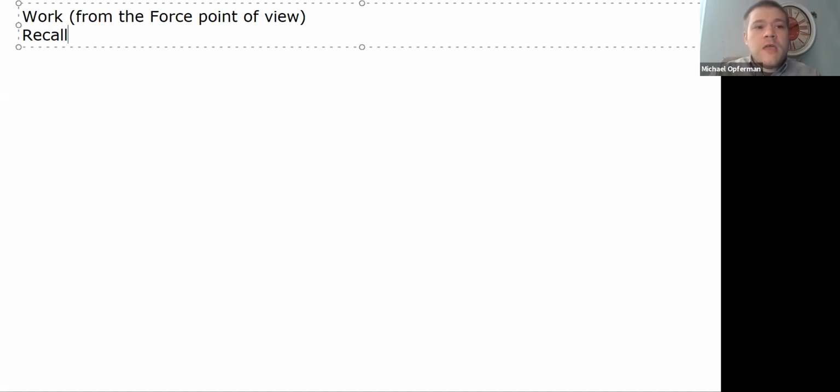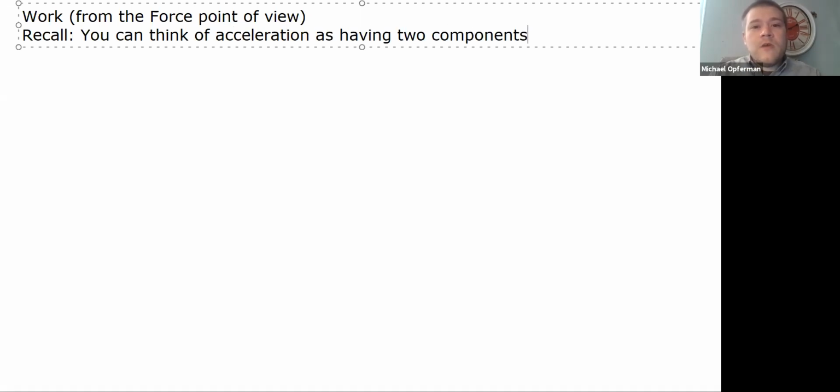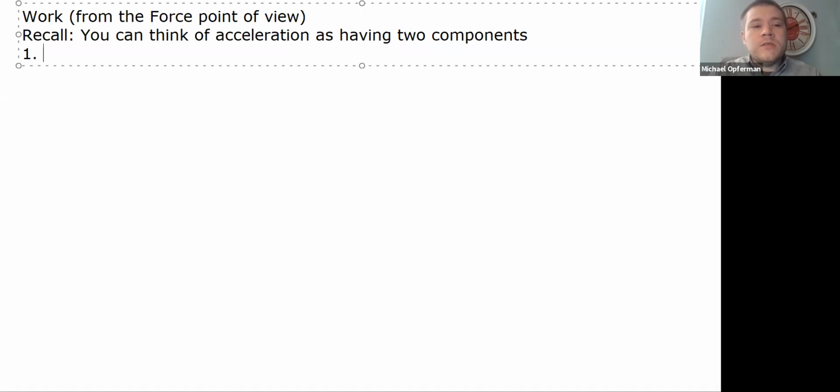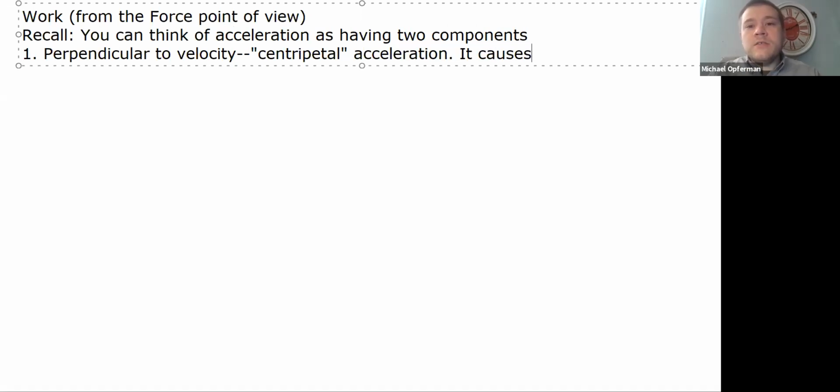So when you're thinking about it from the force standpoint, the first thing I need to remind you of is that you can think of acceleration as having two components. One is perpendicular to the motion, perpendicular to the velocity, and this one is referred to as the centripetal acceleration, and it causes turning, but no change in speed.